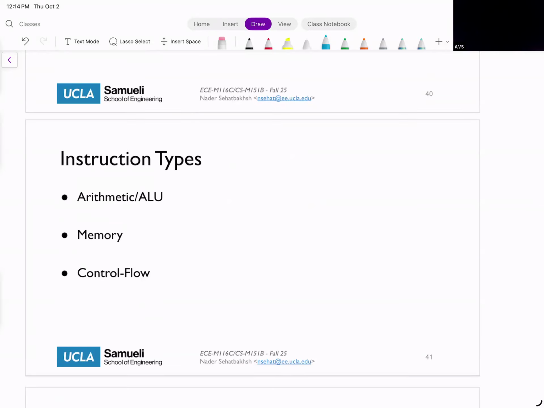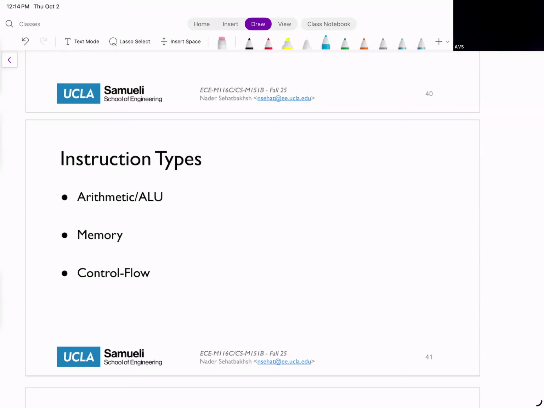So what are the instruction types? Similar to operands, there are 3 different types. We have the arithmetic operations, which later on we're going to call R-type instructions. These are basically ALU or arithmetic unit operations: adding, subtracting, XORing, ORing, these types of mathematical operations on the operands. Then we have memory operations, which is just the load and store that I talked about.